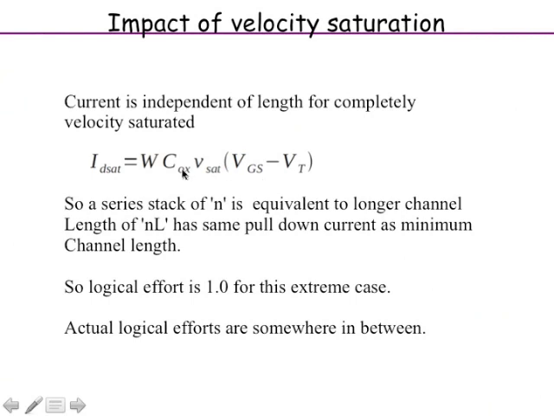If you notice, there is no L here. Normally current is W by L. L is gone out of the picture here. That means the transistor is completely velocity saturated. The current is independent of L, which means that when I have a series stack, whether I put one transistor or two transistors, because in a two transistor stack length is effectively double.